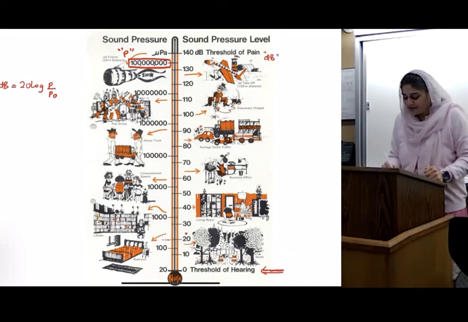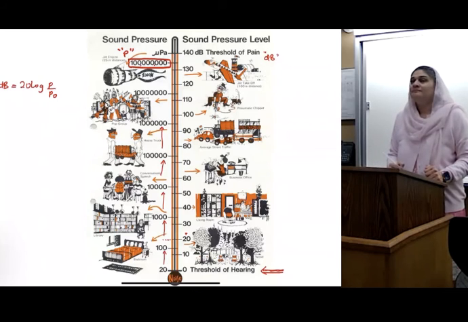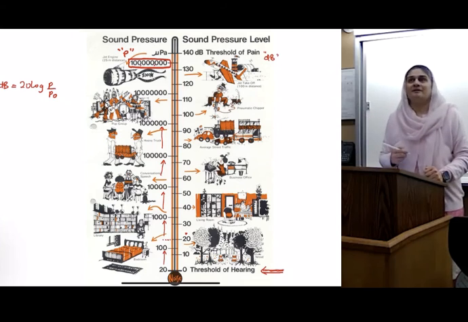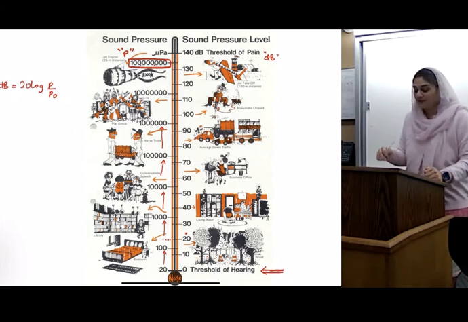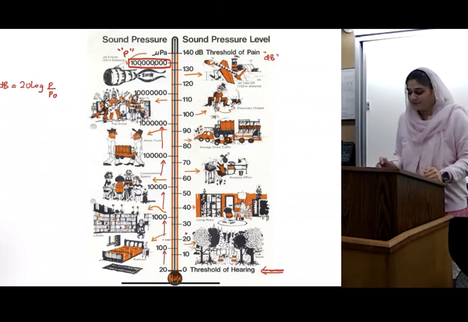And note what scale this is. This goes from 20 to 100 to 1,000 to 10,000 to 100,000. And that automatically is a log scale. So it makes sense for us to convert it into the decibel scale.